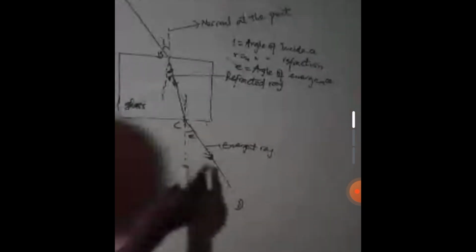The angle between the incident ray and the normal at the point is known as the angle of incidence. And the angle between the refracted ray and the normal at the point is known as the angle of refraction. And the angle between the emergent ray and the normal at the point is known as the angle of emergence.